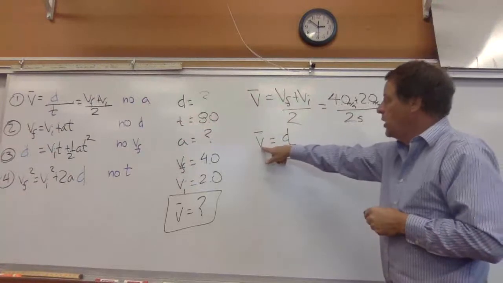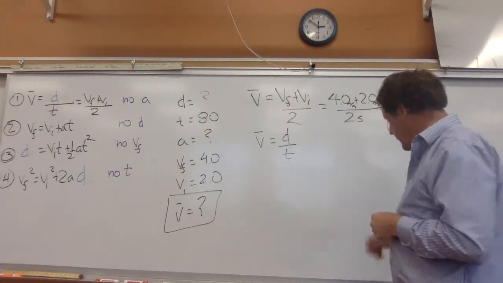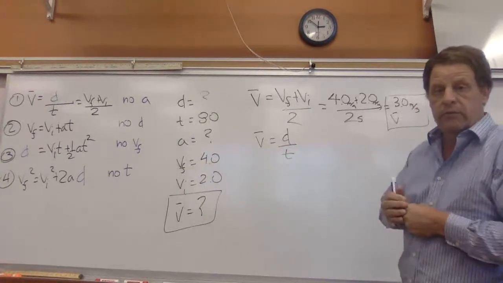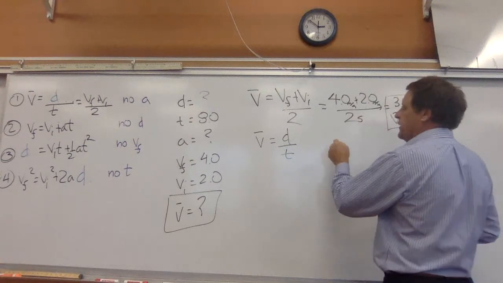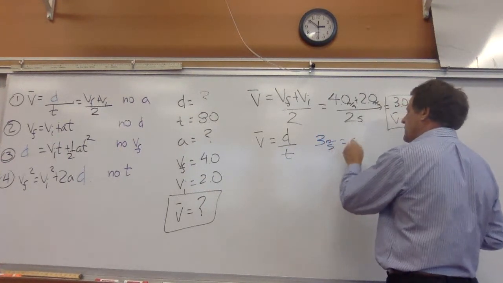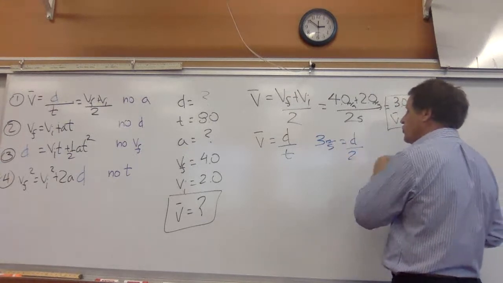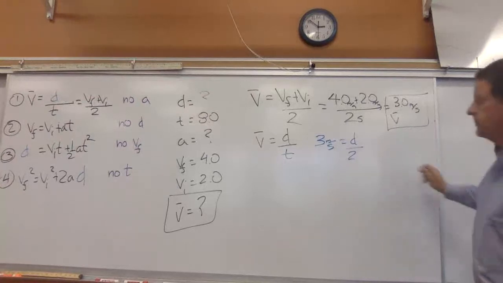And now we know what this is. We know that that's 3. We're looking for this, and the time is still going to be 2 seconds. And so we can identify that 3 meters per second is equal to distance divided by 2. Now we're just going to solve for the displacement.